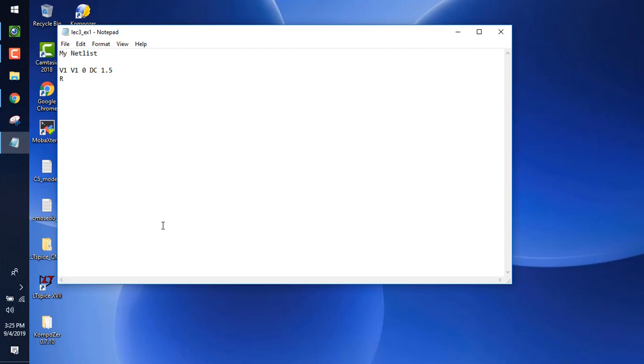R3 from V1 to ground of 5K. R1 from V1 to V2 of 1K, and R2 from V2 to ground 2K, and we really don't need this one. I'll put dot end. Does anybody agree that I did this correct?